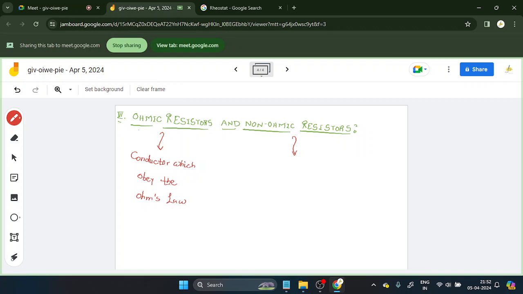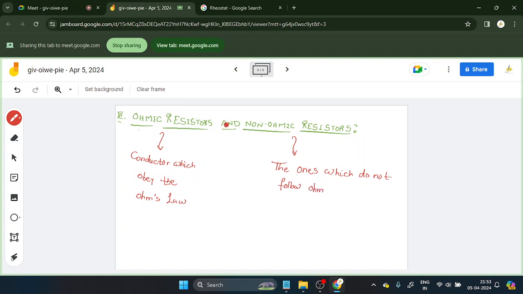We can write the semiconductors which do not obey Ohm's law, because Ohm's law is followed to some extent by the semiconductors, but after that it does not follow, only for some devices, but for most of the devices they do not follow Ohm's law.